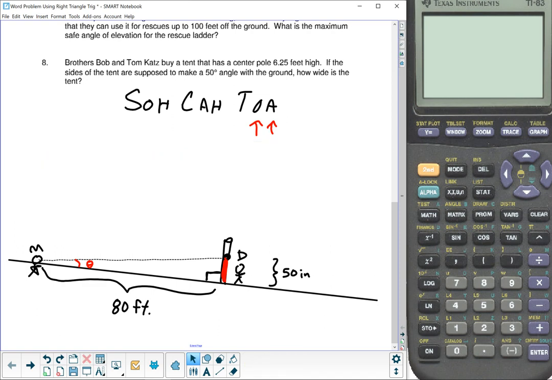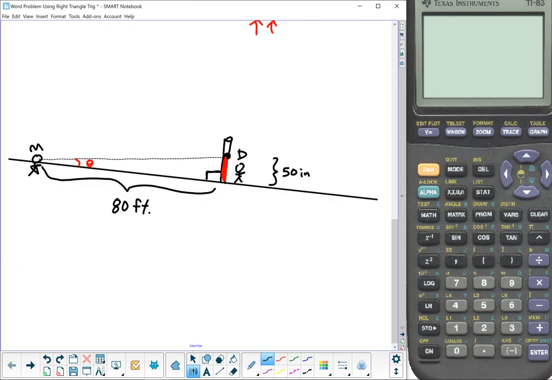But before we do that, you might notice that your units for the opposite and the adjacent are different. So you need to convert either the inches to feet or the feet to inches, and it seems easier if you convert the feet to inches. Because it's 80 feet and every foot has 12 inches, so it'd be 80 times 12.